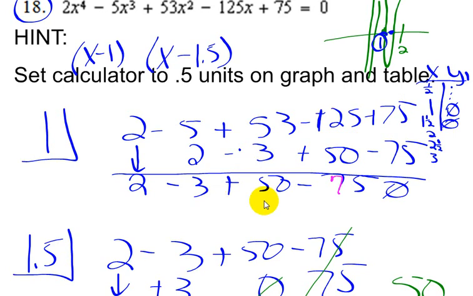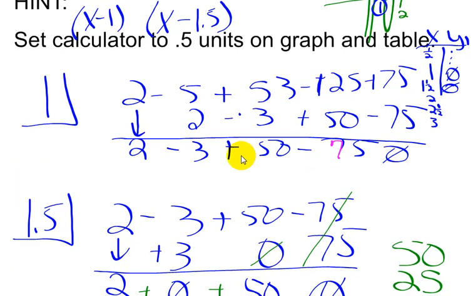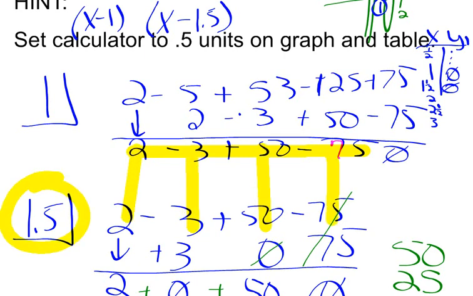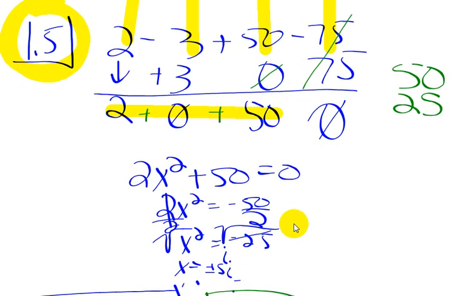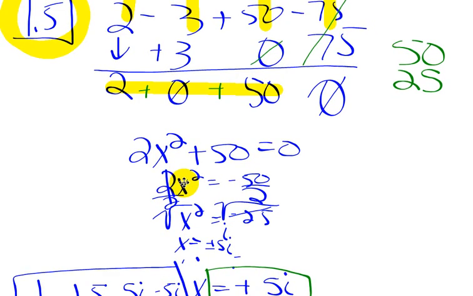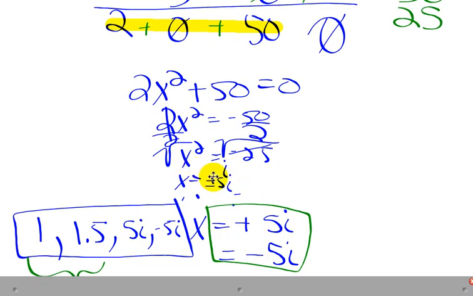So use synthetic division, divide them out, and then whatever's left over when you divide this one out, now take out the 1.5. So that's just a straight copy down. Now divide out the 1.5, and you should have a trinomial left over, and we do. So we have 2x squared plus 50. Now just solve by solving for x. Subtract 50 from each side, divide each side by 2, and take your imaginary number out.